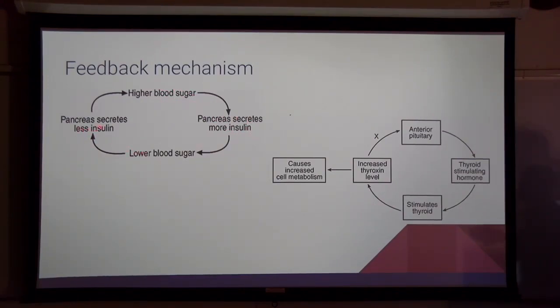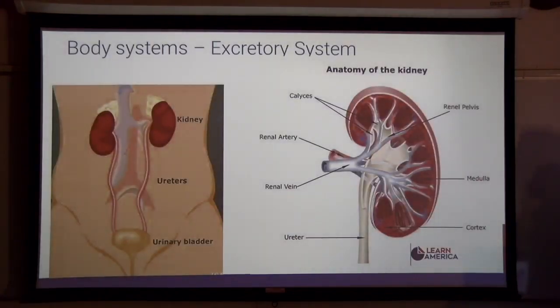If it's too low, the pancreas will secrete less insulin for it to then return to a normal sugar level. You'll also see different patterns showing different hormones in a feedback mechanism where one will get stimulated to turn on the process, one will be stimulated to shut off the process.